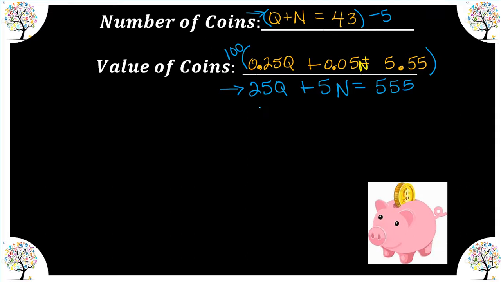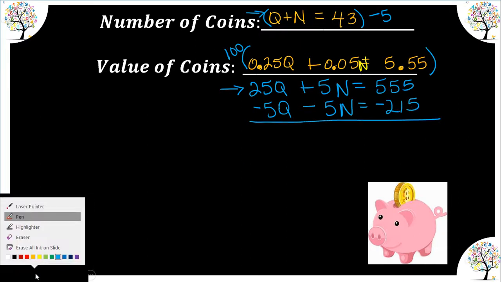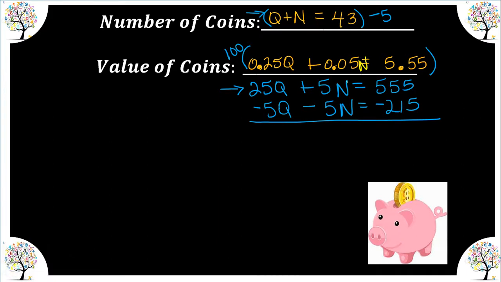So I'm going to get negative 5q minus 5n equals negative, and we multiply 43 times 5. That gives us negative 215. And now when we combine these equations together, we are going to have eliminated the n's.